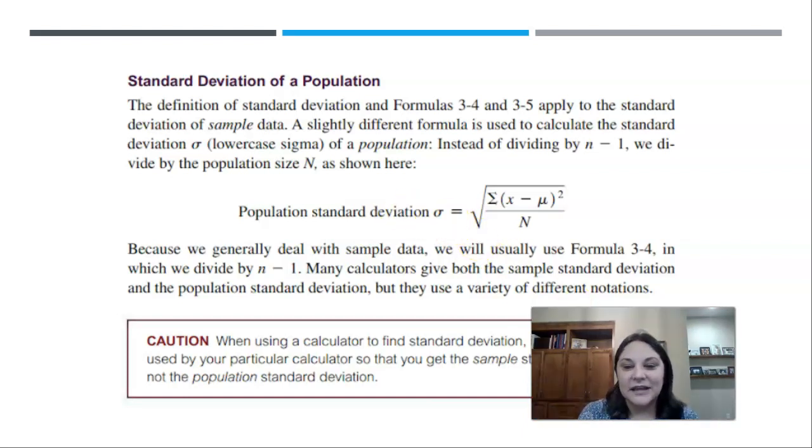You can read this slide word for word; as I'm describing it to you, this just comes straight out of your text. We will be using this formula, but I will not ask you to do it on an exam, and instead I will show you how to get the calculator to generate it for you.